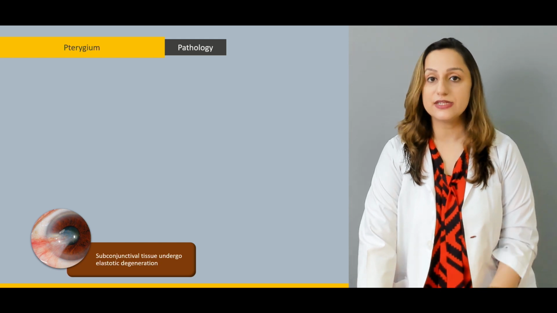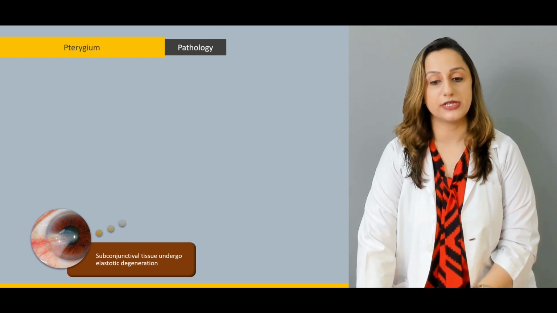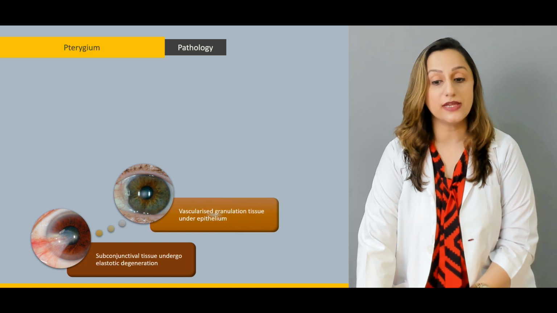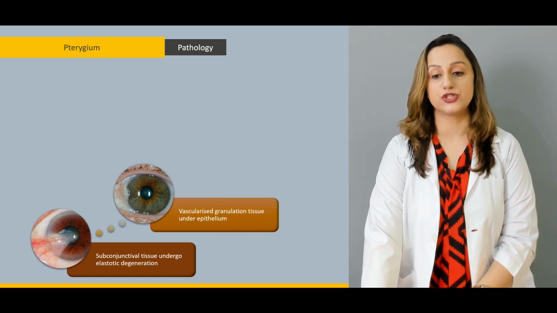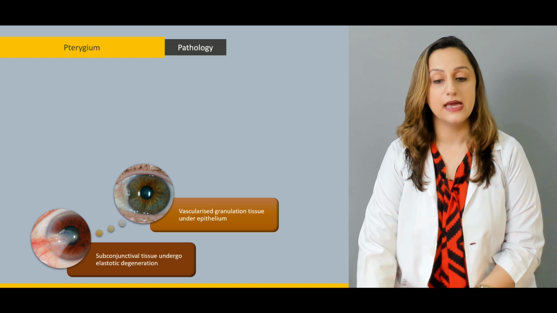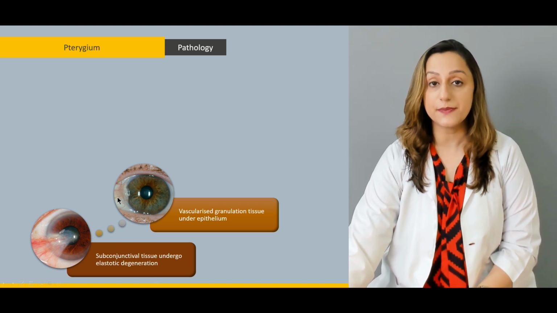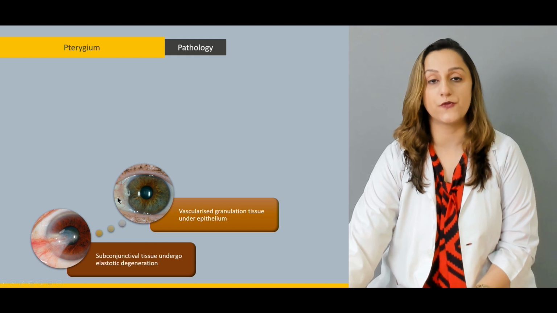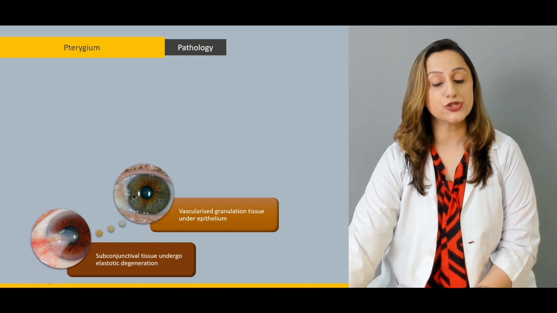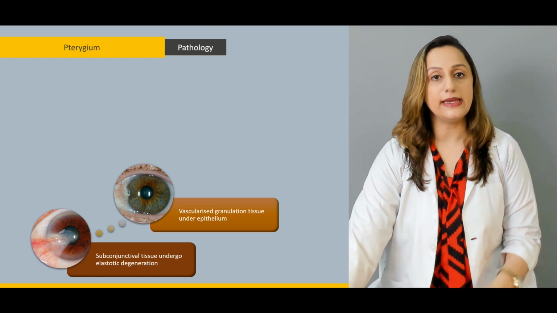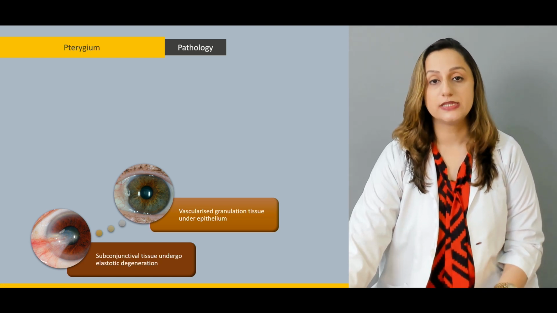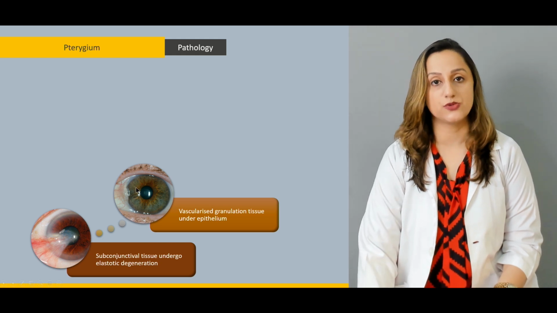These elastic degenerations give way to vascularized granulation tissue under the epithelium. This vascularized granulation tissue takes the shape of a triangular fold that is going to encroach upon the cornea slowly, and is going to decrease the visual acuity of the individual as well.